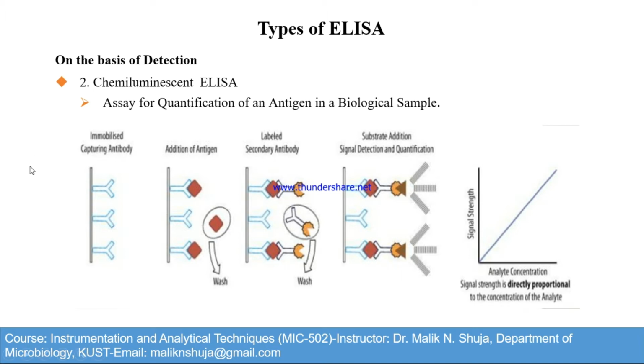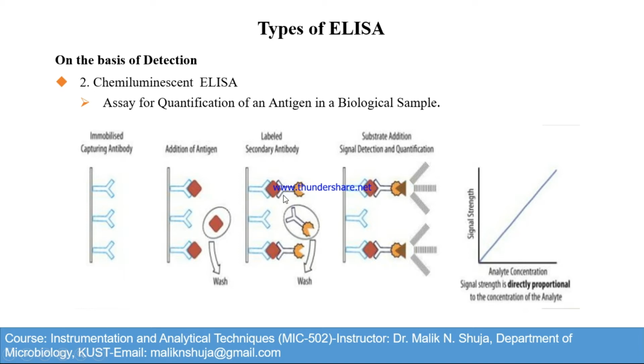Here we can see that the primary antibody or capture antibody is loaded on the microtiter plate in order to immobilize it. Then antigens are applied, and these antigens bind to the monoclonal capture antibodies.